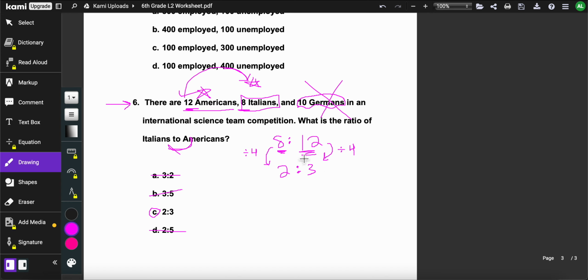So ultimately we get 2 to 3. It's just what you prefer. If you go the shorter way, with smaller numbers, it's going to take much more time and more dividing to get to the simplified version. But if you know the highest number that both numbers in the ratio are divisible by, then you can get the answer much quicker. So it's up to the person's personal choice if they want to take the longer or the easier way.